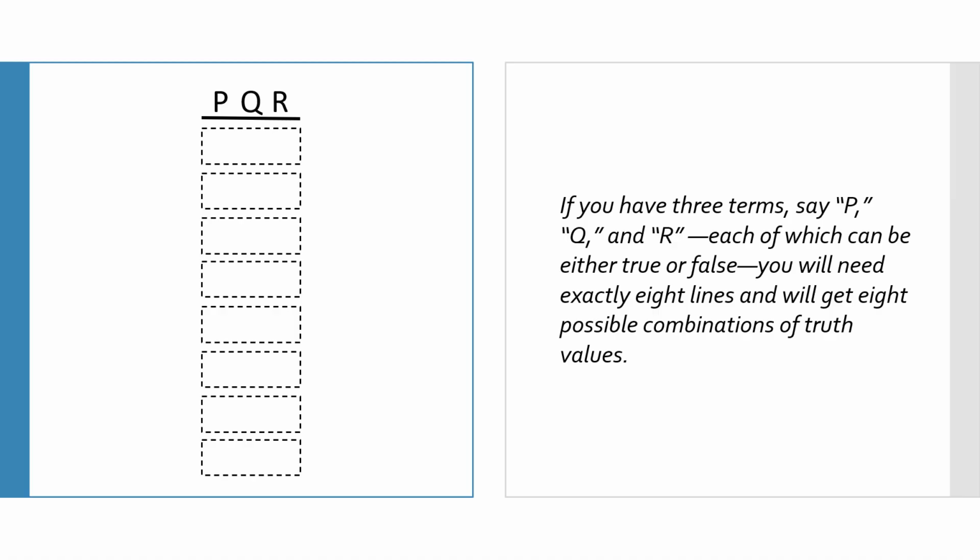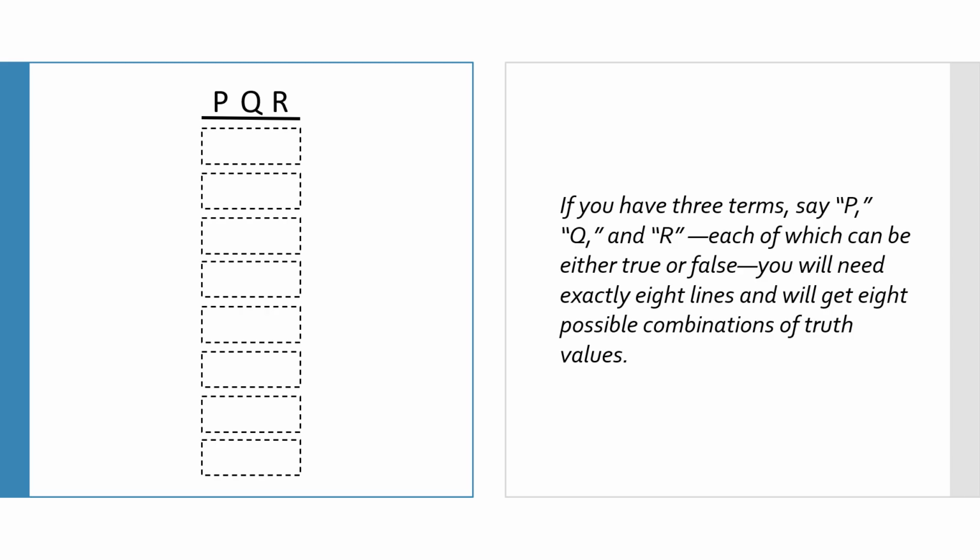So once you have 8 lines, what you're going to have to do is figure out what possible truth values you could have for these 3 terms together. And again, notice we have 8 lines because you can have all kinds of different variations here. I could have all 3 of them be true. I could have P and Q be true, but R be false. I could have P be true, Q be false, R be true.